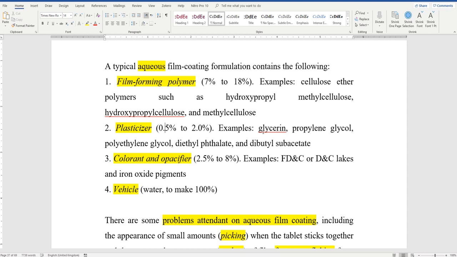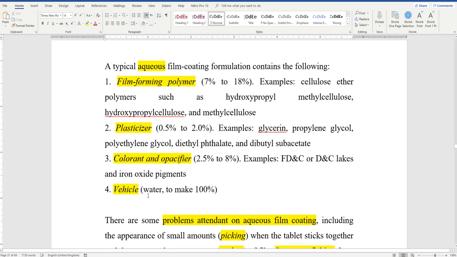FD&C is the abbreviation for Food, Drug and Cosmetics approved, and Drug and Cosmetic approved lakes. Lakes means the pigments or the colors. And we have other pigments of iron oxide. Iron oxide can come in different colors like brown, black, etc.